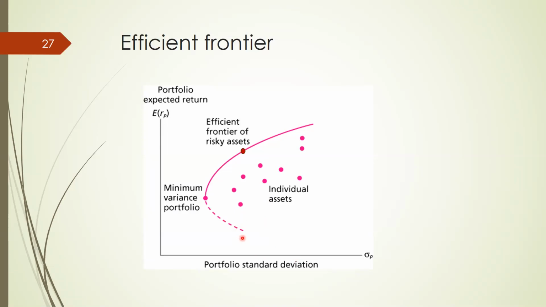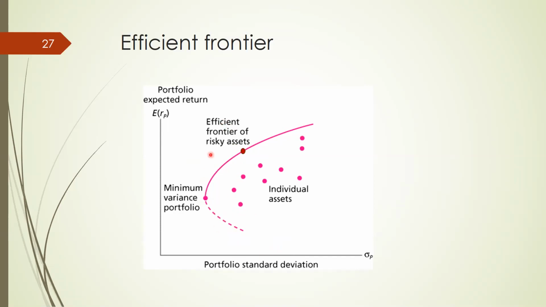when we have n risky assets, when you try to optimize between those risky assets, you will be able to form a minimal variance frontier. And among the minimal variance frontier, the upper portion of that curve will be the so-called efficient frontier.